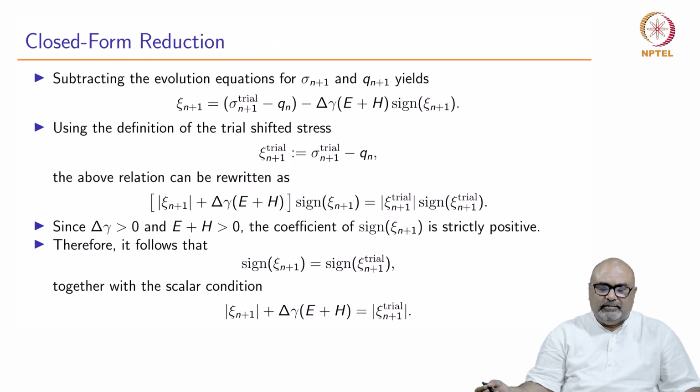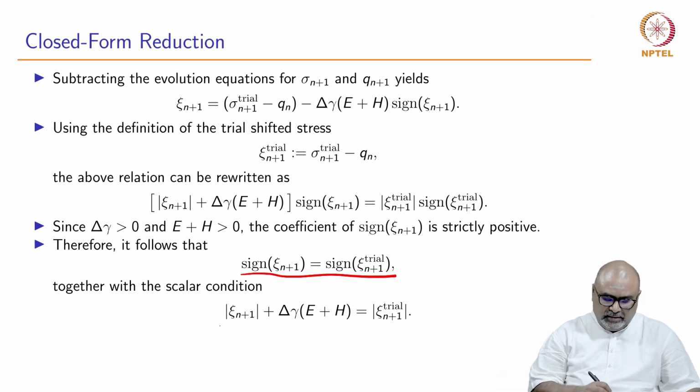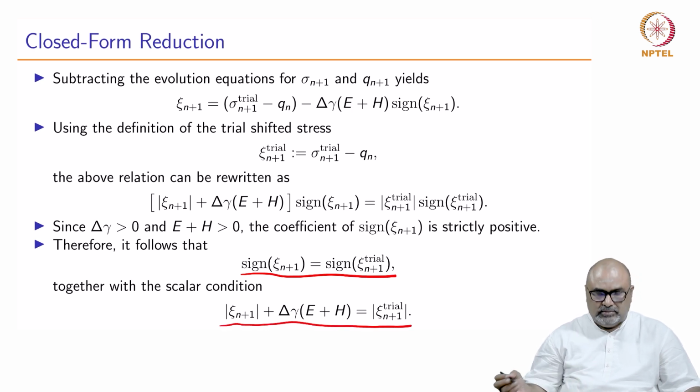Subtracting the evolution equations for sigma n plus 1 and q n plus 1, we get the value of xi n plus 1, and using the definition of xi n plus 1 trial, we can rewrite the above equations and show that sign of xi n plus 1 is equal to sign of xi n plus 1 trial, together with the scalar condition that xi n plus 1 trial is equal to xi n plus 1 plus delta gamma (E plus h).